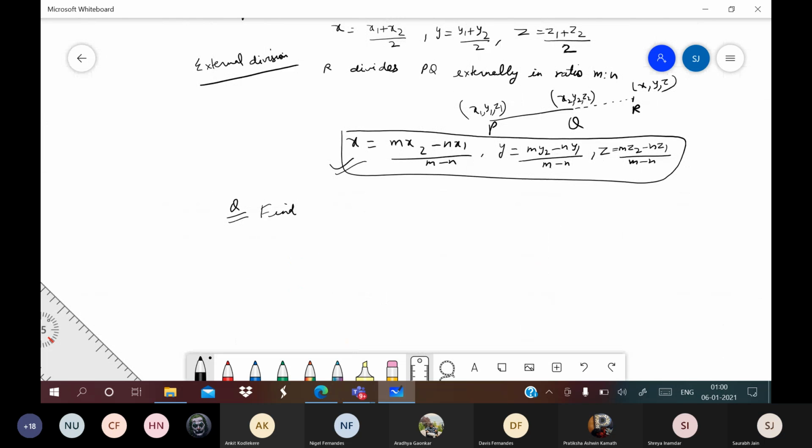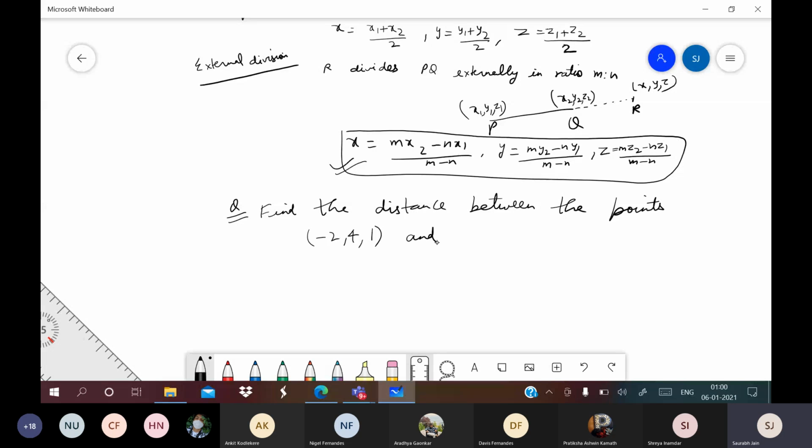Find the distance between the points P (-2, 4, 1) and Q (1, 2, -5).